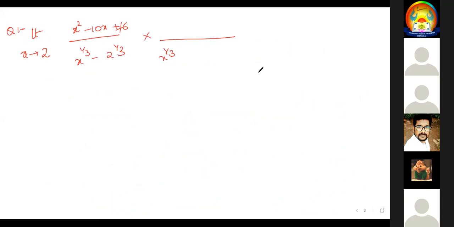Please mute yourself. So we multiply with x power 1 by 3 whole square plus x power 1 by 3 into 2 power 1 by 3 plus 2 power 1 by 3 whole square. Here also, x power 1 by 3 whole square plus x power 1 by 3 into 2 power 1 by 3 plus 2 power 1 by 3 whole square.